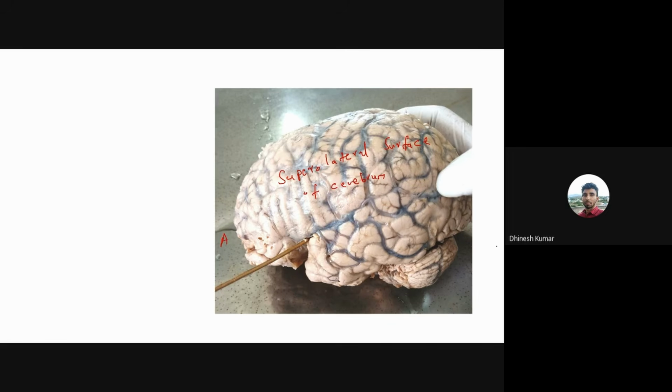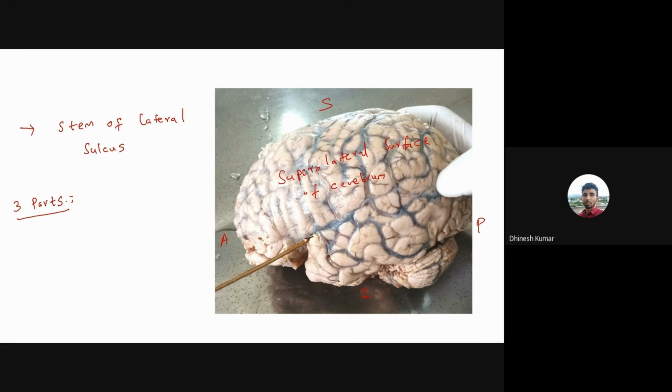This is the anterior, this is the posterior in this diagram. Superior, inferior. So exactly the probed area is the stem of lateral sulcus.